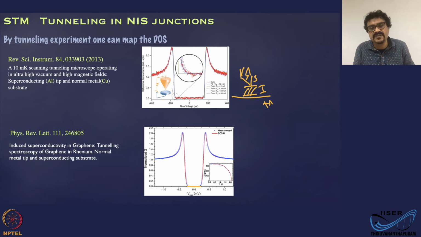And if you look carefully, whatever shape you're getting for this conductivity is nothing but the density of states. The density of states is going to go up, and again go up as you approach the Fermi level from either side, but then there is a gap. So what you're doing here is directly mapping the density of states by measuring the current through tunneling between a normal metal and a superconductor.